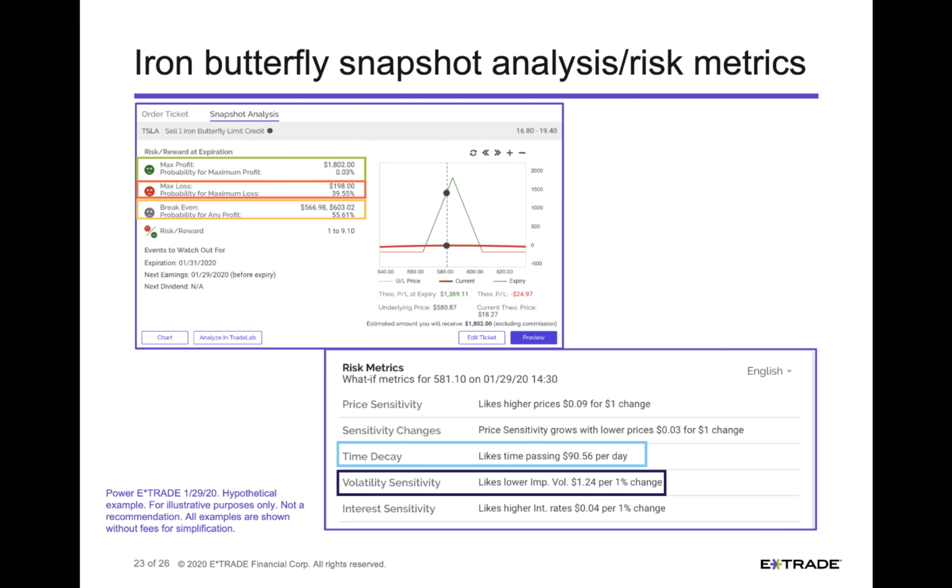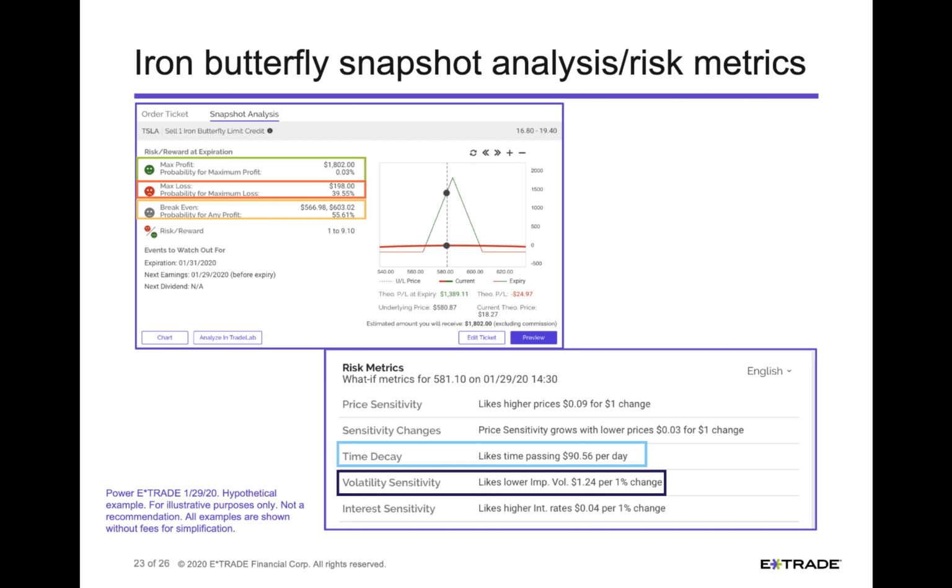And then look at volatility. It's also pretty sensitive to volatility at $1.24. And again, this is that Vega that we talked about. So if I anticipate that Tesla is overstated and it's going to revert to the mean, and that the option pricing is going to go from being priced at 170% implied volatility, all the way down to sort of its mean, which would be about 70%, then that $1.24 for every 1% change is going to play into my favor.